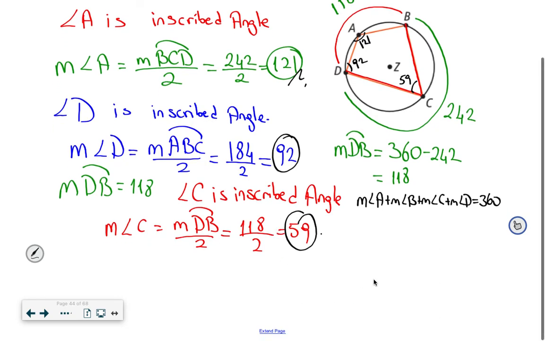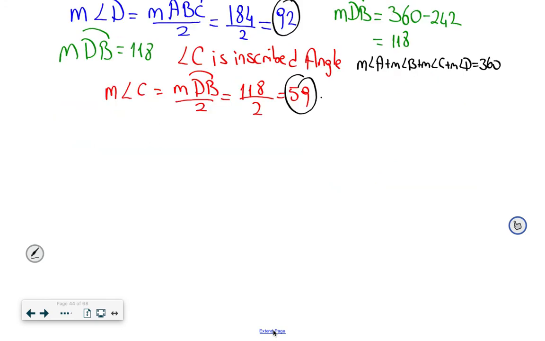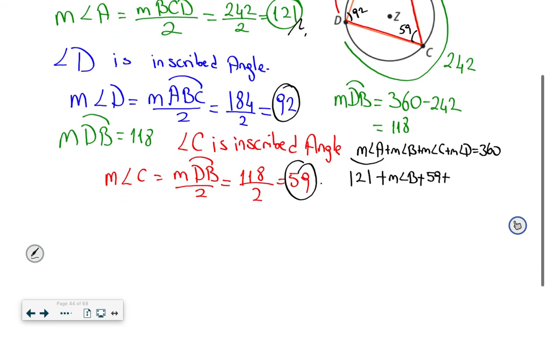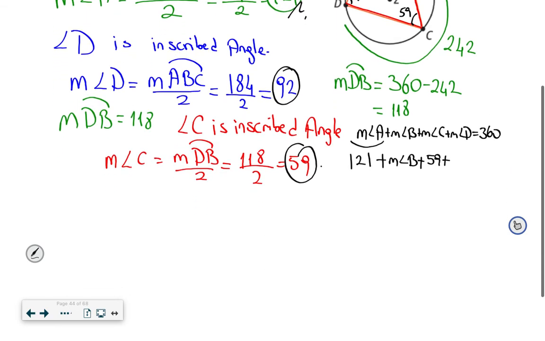From here, if we substitute all the given information, this is 121 plus measure angle B, which we don't know, plus measure angle C is 59, and measure angle D is 92, will be equal to 360.